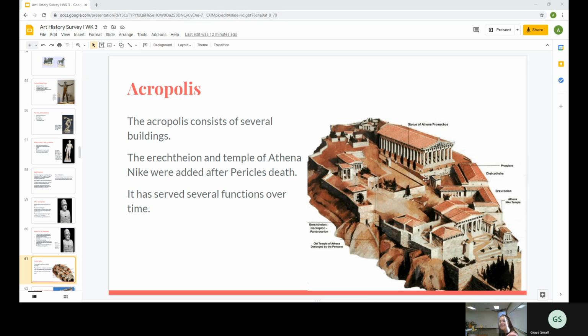And then you would go into the central market area where those chariots would unload their goods and sell them for festivals. And you have your Propylae, which is an interesting building, which we're going to talk about quite a bit later on, as well as the Erechtheion, which is another very interesting building that we'll talk about later.